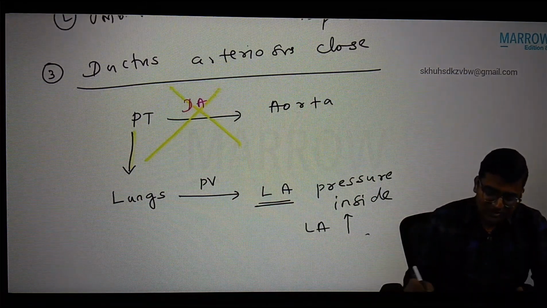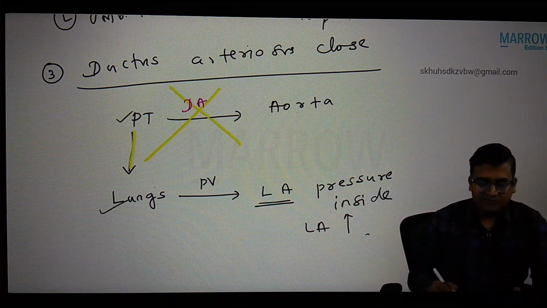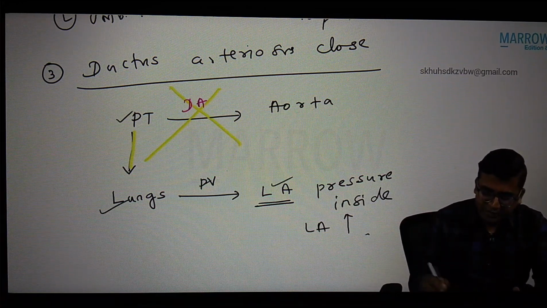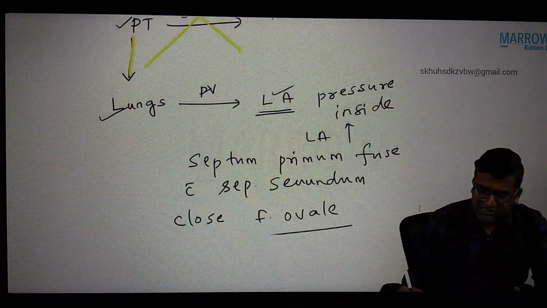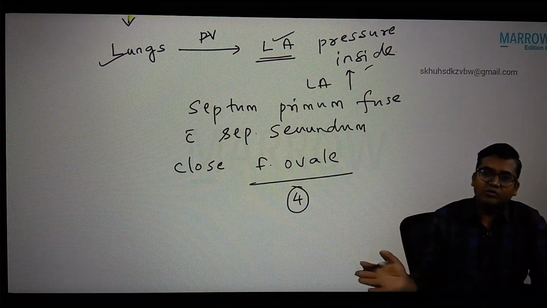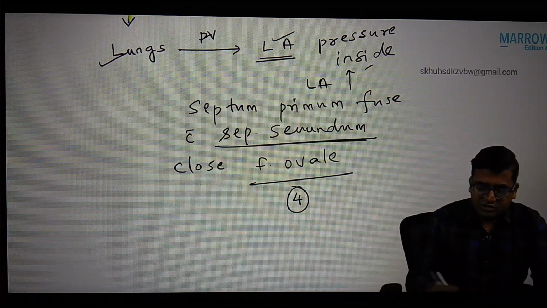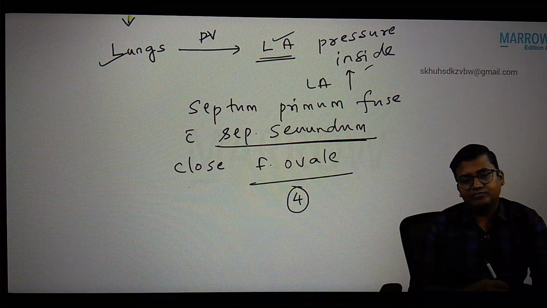Okay. So first the ductus arteriosus will close. So blood from the pulmonary trunk will go to the lungs and then to the left atrium via the pulmonary vein. Now the pressure inside the left atrium will increase. So the septum primum, a flap like that, will be moving and closing the foramen ovale. The septum primum fuses with the septum secundum and closes the foramen ovale.